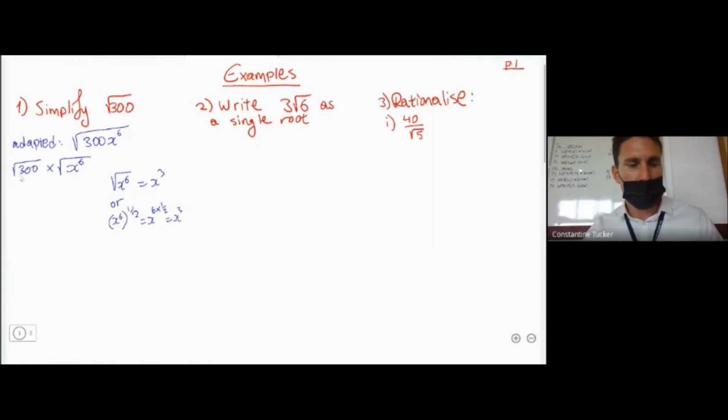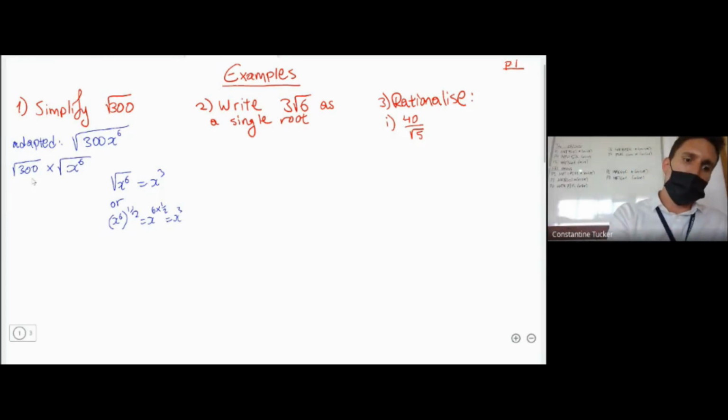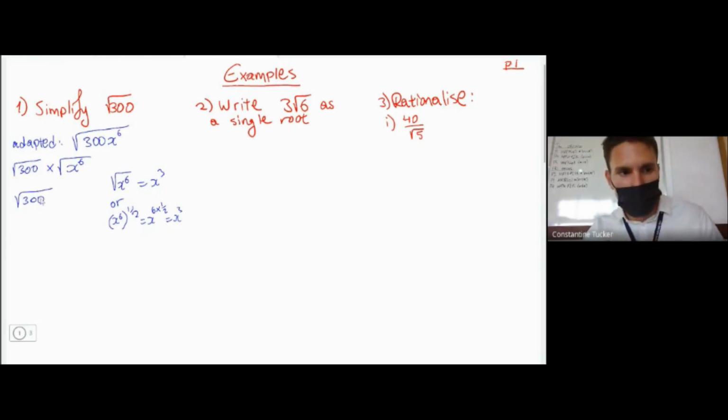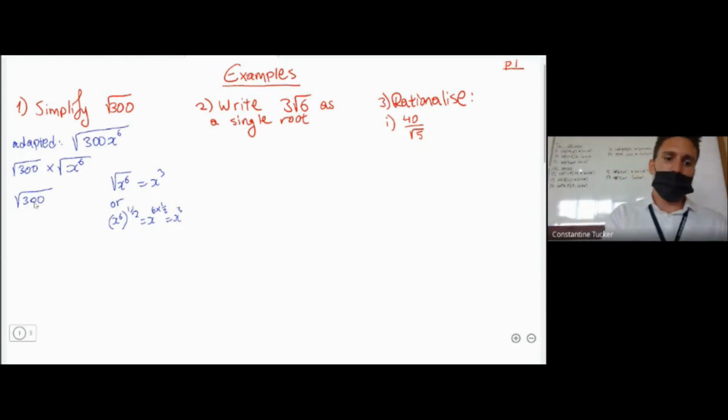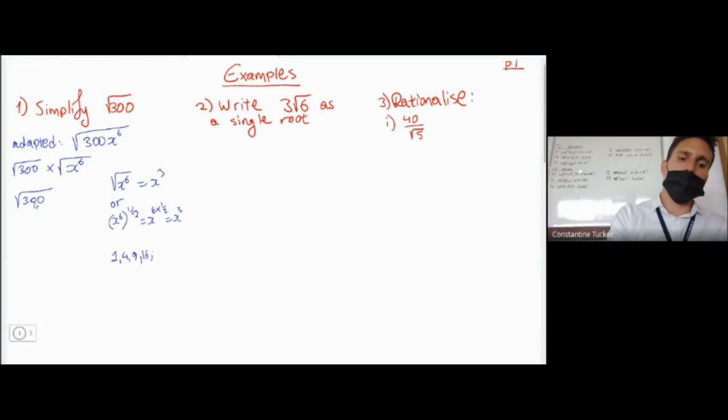But now I'm going to focus on the square root of 300. So if you don't use your calculator, and in some cases it's useful not to use the calculator, I'm just going to talk about how you would do it by hand. So you would basically try to rewrite this as a large square number times another number. So let me think about this for a second. Square numbers, let's remember that we've got 1, 4, 9, 16, 25, 36, 49, let's see, 64, 81, 100.